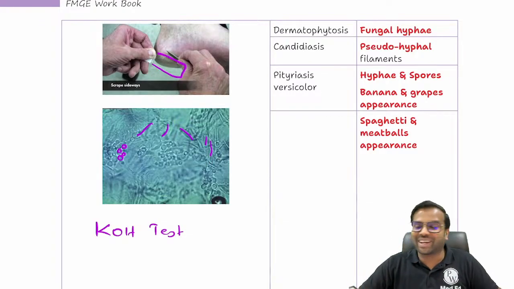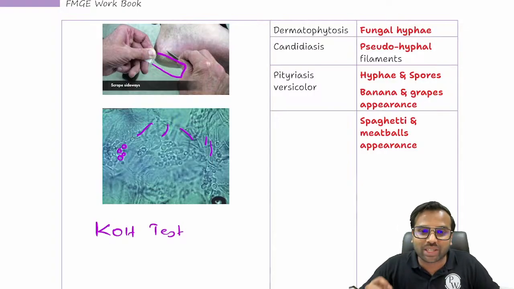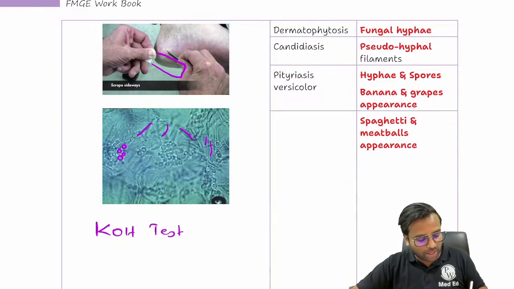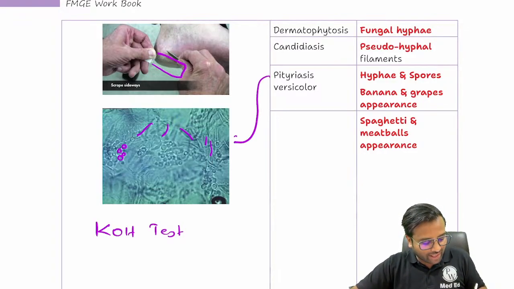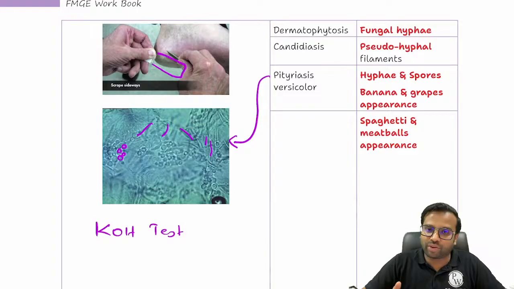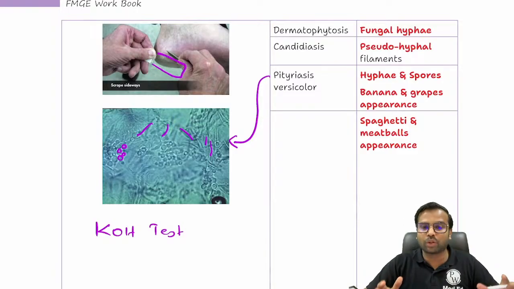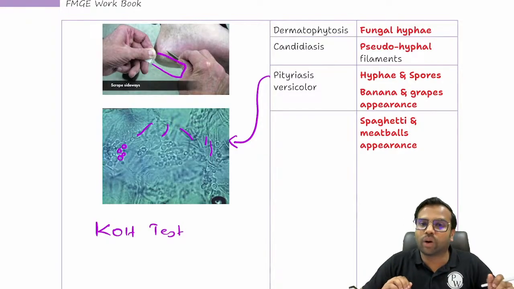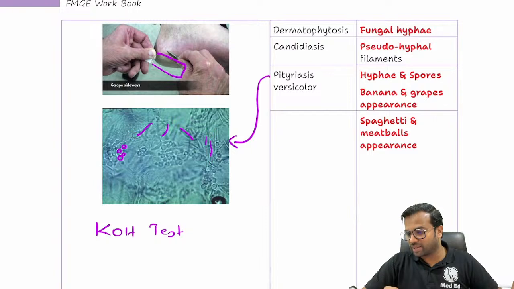You are absolutely right. That is a spaghetti and meatball appearance, right? So in which disease do you get a spaghetti and meatball appearance? So this finding is seen in this disease. That is Pityriasis versicolor, where you can find the fungal hyphae and spores together, as compared to the banana and grapes or spaghetti and meatballs appearance. Excellent.